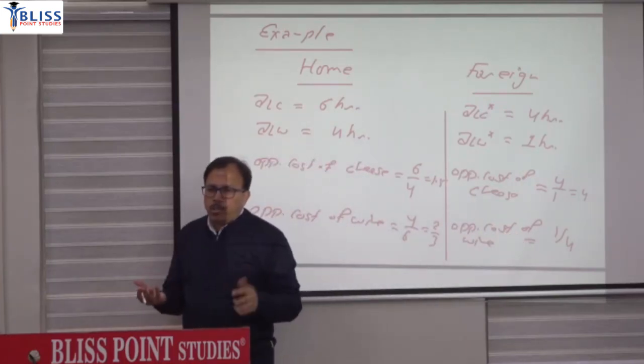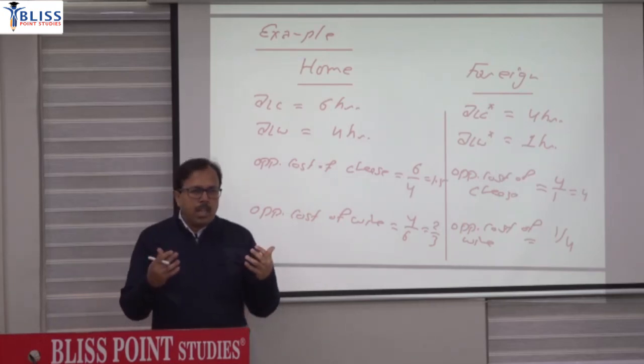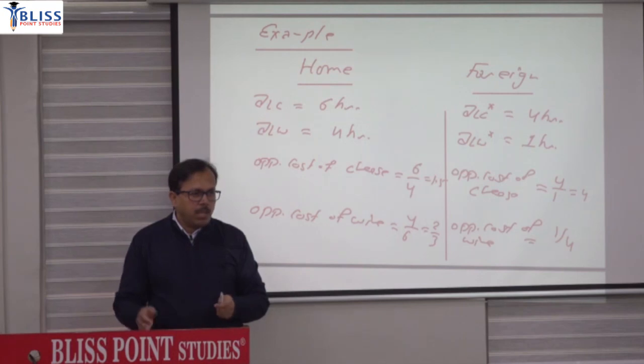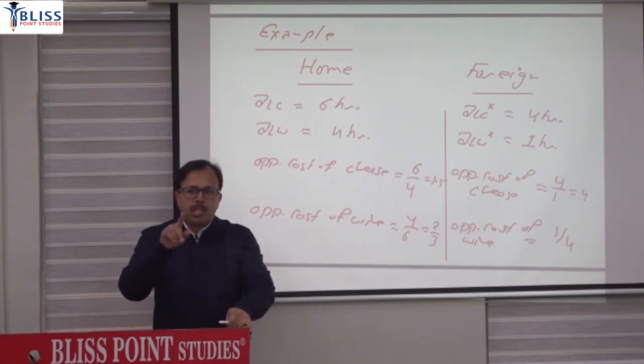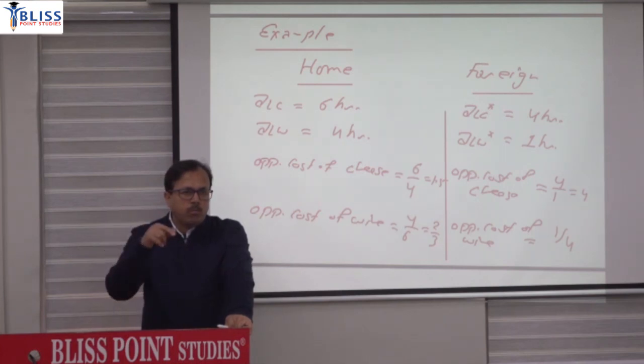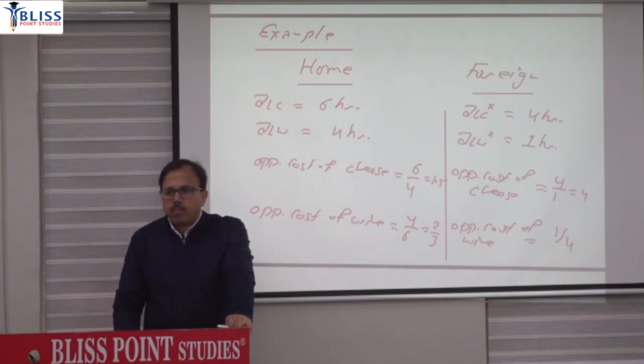Naturally अगर आपने opportunity cost निकाल रखा, कोई भी नंबर है, अगर हम उसका इन्वर्स कर लेंगे तो इनइक्वालिटी क्या हो जाएगी? बदल जाएगी. If any number is there, 6 greater than 4, but if you take inverse then inequality will always change. So if in one line of production home country will have comparative advantage, then naturally in the other line of production foreign country will have comparative cost advantage.